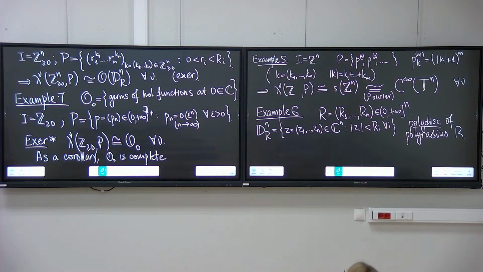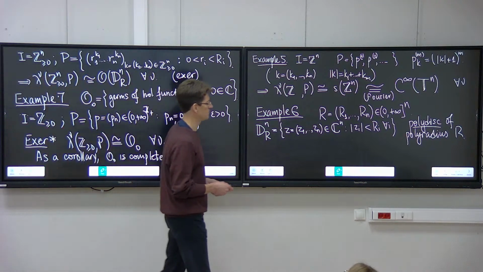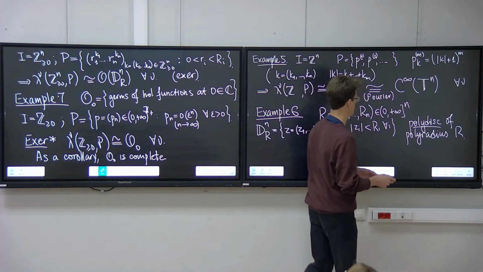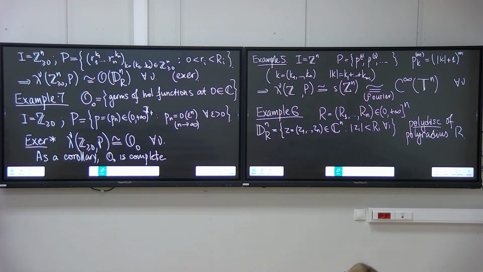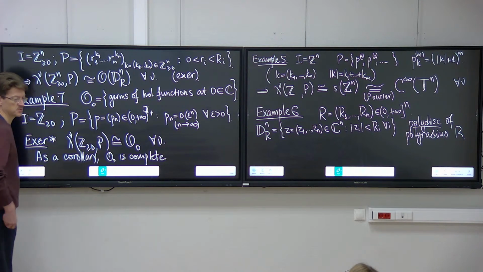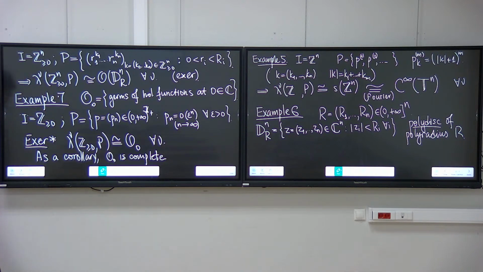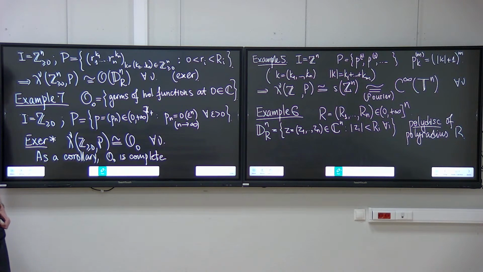And as a corollary of this result, we will explicitly characterize complete projective tensor products of spaces of smooth functions on the torus and of spaces of smooth functions on open polydisks. And after that, we look at the injective tensor product and discuss some concrete situations in which the injective tensor product is more relevant than the projective tensor product.